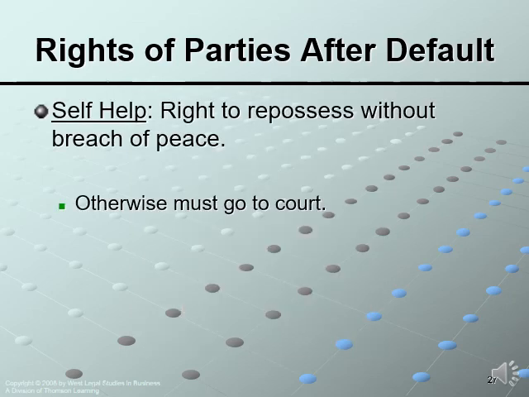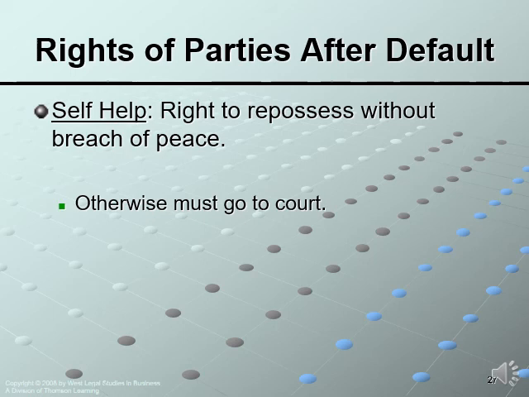The other thing is rights of parties after default. The question becomes, if the debtor defaults on the loan, can the creditor repossess the collateral on its own? And the answer to that question is you don't need anybody to help you to repossess the collateral.